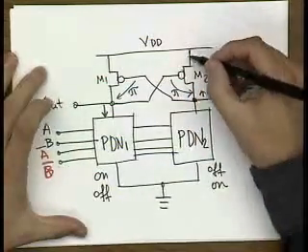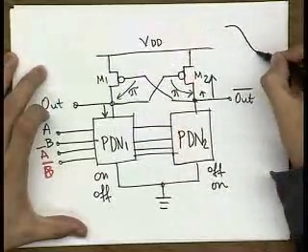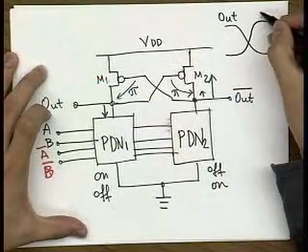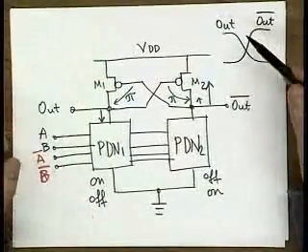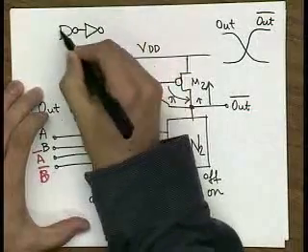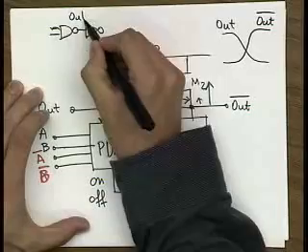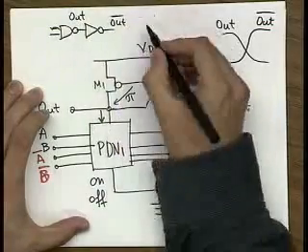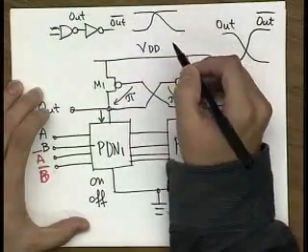So what you have, due to this feedback mechanism over here, is that if your out goes like that, your out bar will go at the same time in the other direction. If you had your AND function, for example, in standard CMOS, if this is your out and this is your out bar, then you have out going like that and then out bar coming later.